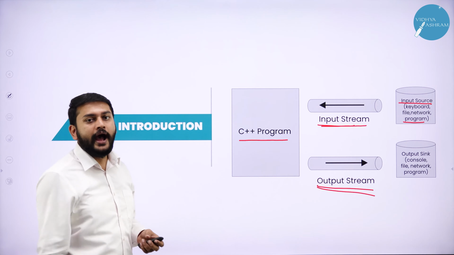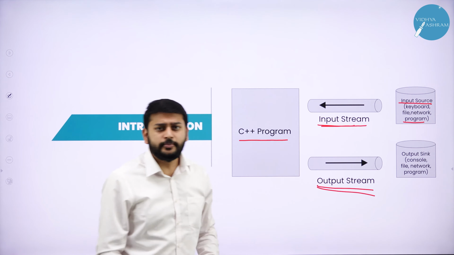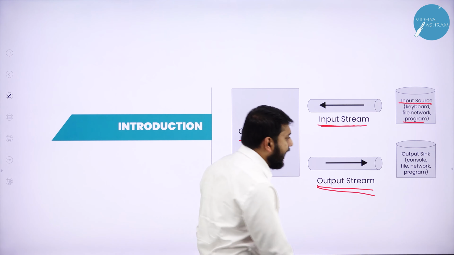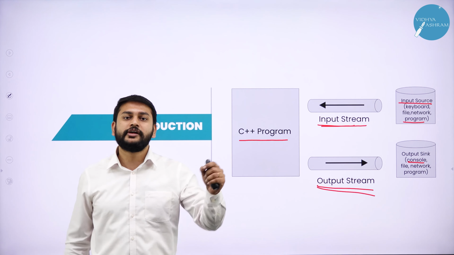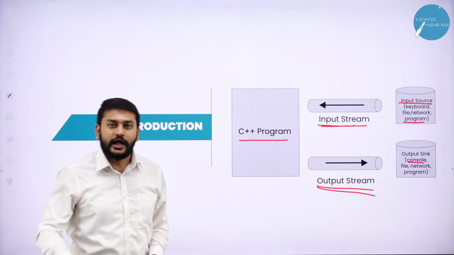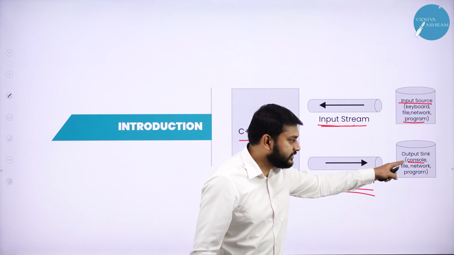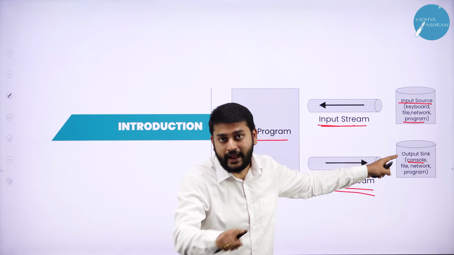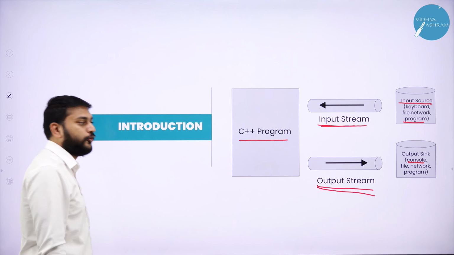In the same way, I have some output sinks. What do I have? I have console. Please understand the meaning of console: it is the display. Whenever I use the word console, understand that it is the display. As output sinks, I have display, and also file, network, and program.